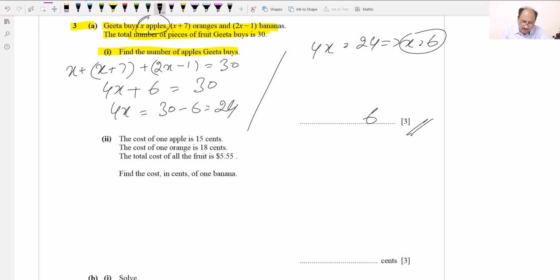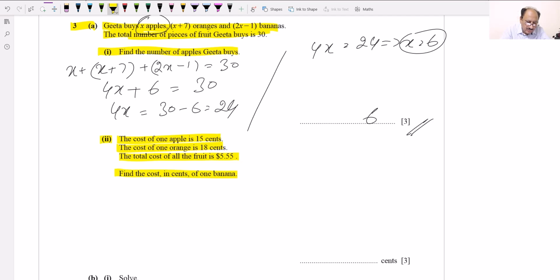Hopefully you understood this. Now for the second part, the cost of one apple is 15 cents, cost of one orange is 18 cents, and total cost of all fruits is 5.55. Find the cost in cents of one banana.